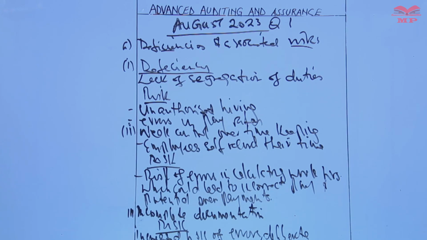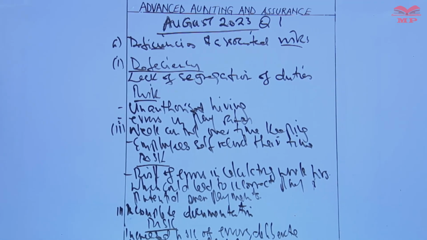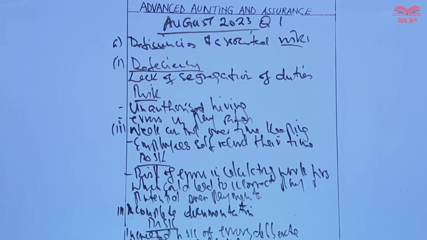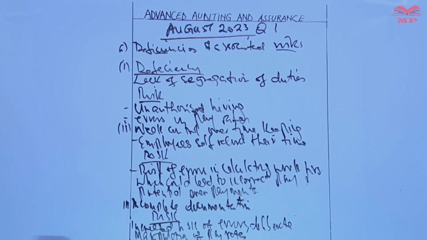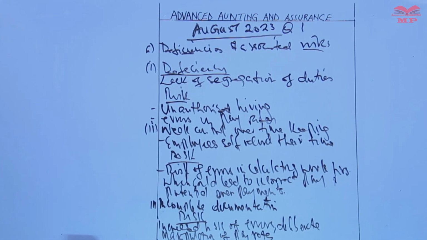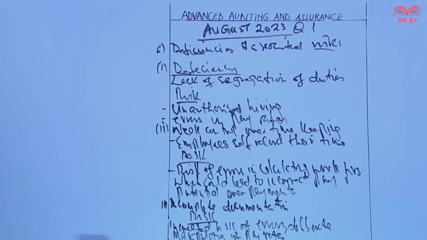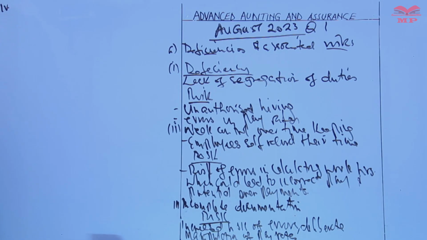When you say possibility of ghost workers, we are on the fourth deficiency. So possibility of ghost workers, is that a weakness, or is it the effect of a weakness? Because it sounds like a risk. When you say misutilization of funds, that is a risk. I don't think it is a deficiency. It looks like an effect.